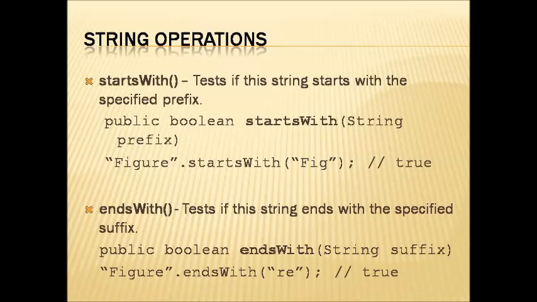So the startsWith and endsWith functions are used for checking whether a particular string starts or ends with a particular substring. The example you can see on the screen. Both these functions return a Boolean value.